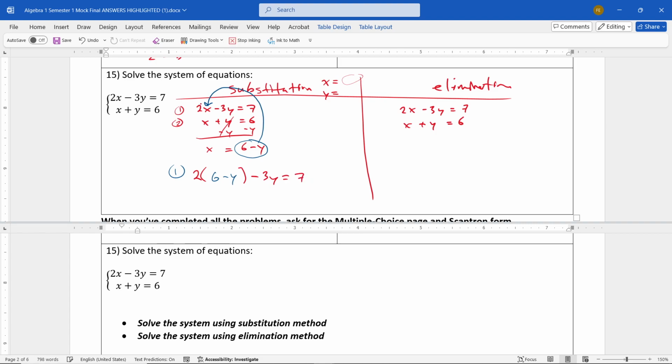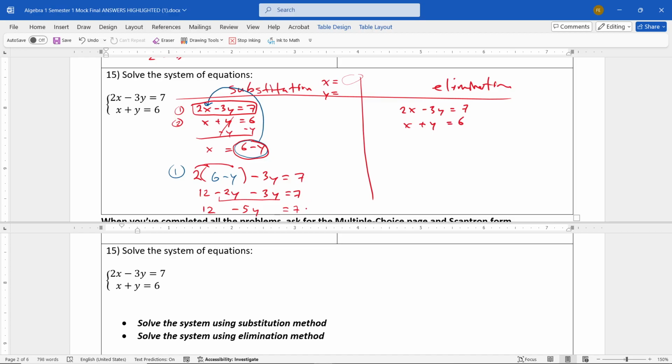So basically, I just rewrote this first equation over again, except in place of x, I substituted 6 minus y, and that is substitution. All right, now just solve regular. Distribute to the parentheses, 2 times 6 is 12, 2 times negative y is negative 2y, still minus 3y, still equals 7. Combine terms, negative 2y minus 3y is negative 5y, and it's still 12 minus that equals 7.